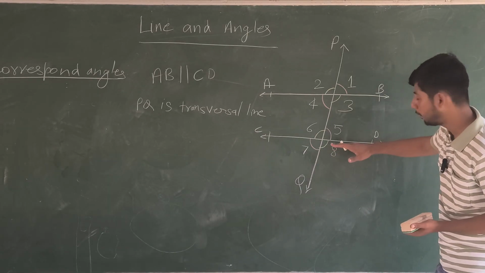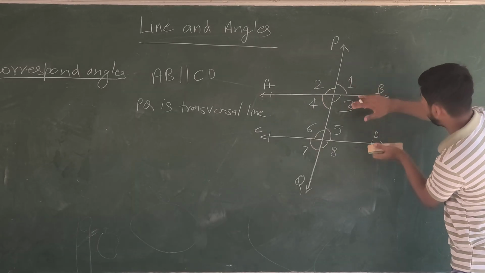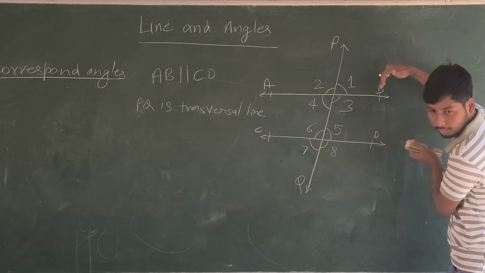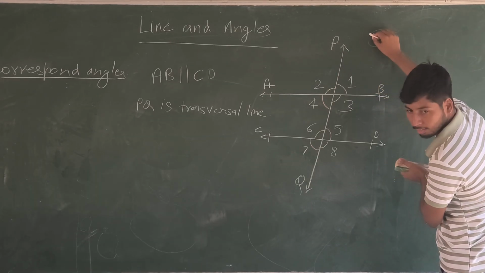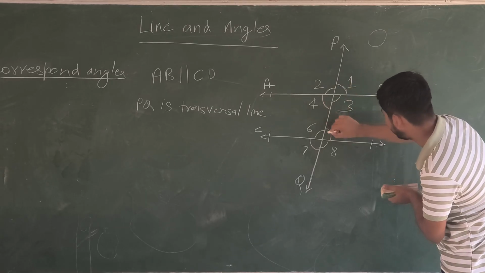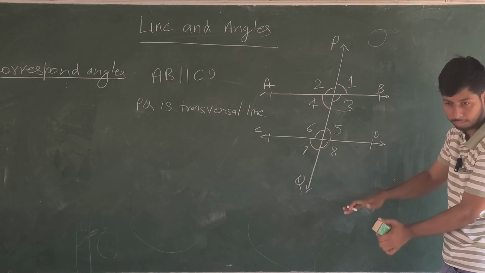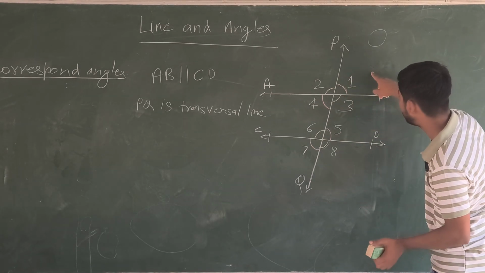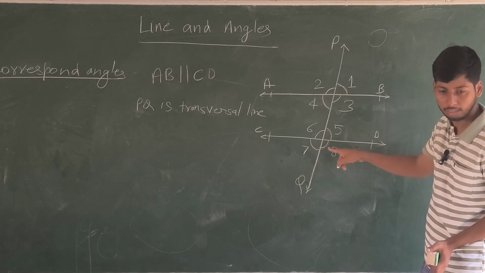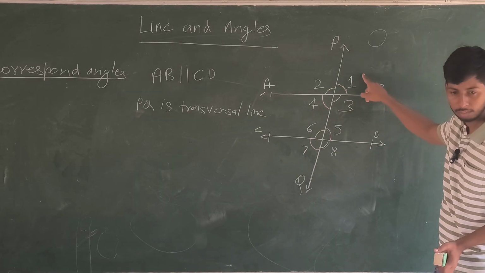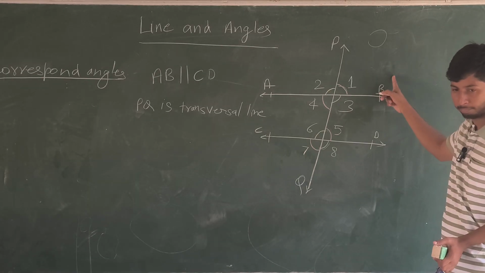If we take this side, there are 4 angles at this side, but we have to take either above or below the parallel lines. If we take above the parallel lines, I denoted it by pink color. Both are above the parallel lines and both are on the same side of the transverse line.